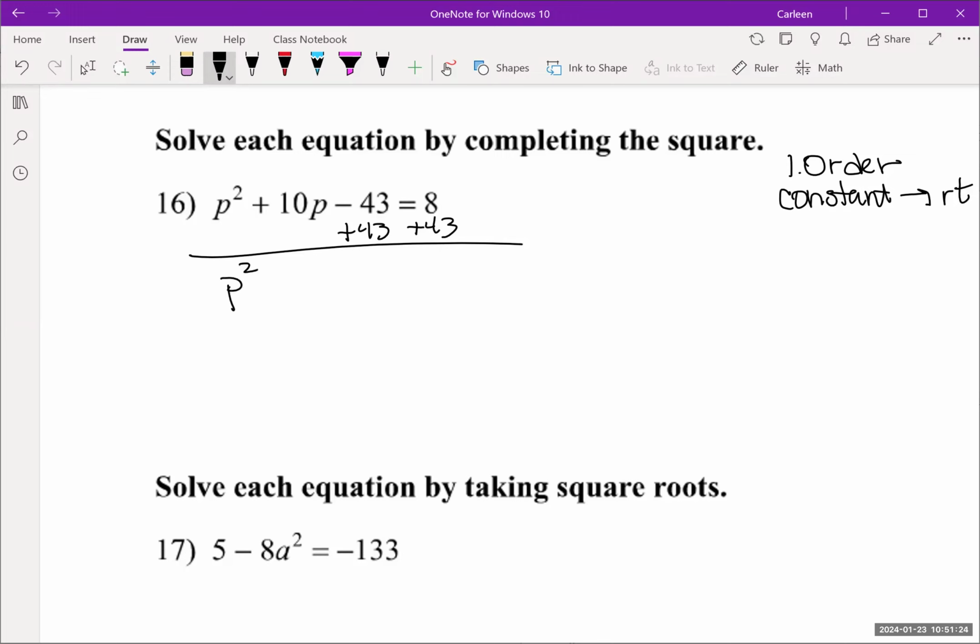So p squared plus 10p is equal to 51. Okay. Now I want to put this into a perfect square binomial. So I take the 10 and I divide it by, ding, ding, ding, divide by 2.